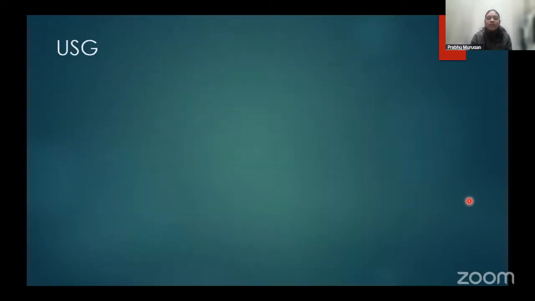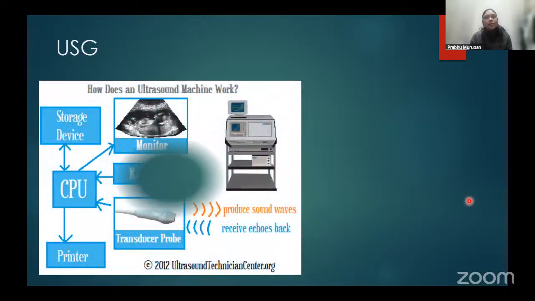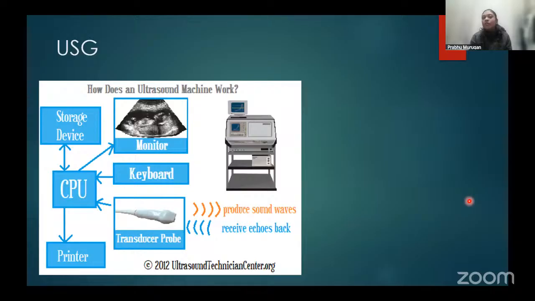Okay, moving on to the next one, that is your ultrasound. In case of your ultrasound, it doesn't make use of X-rays, but it makes use of sound waves. The interesting thing about your USG is it has a transducer. Transducer is a device that sends the sound signals. It passes through the patient's body and gets reflected back as echo.